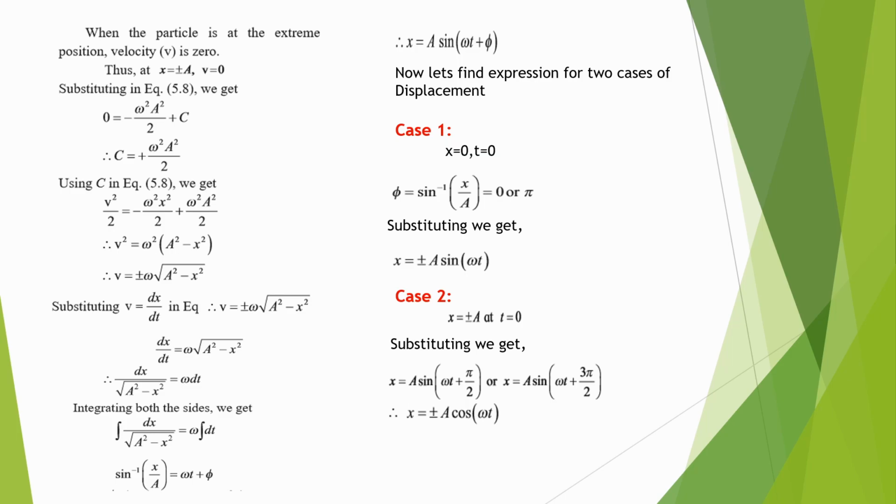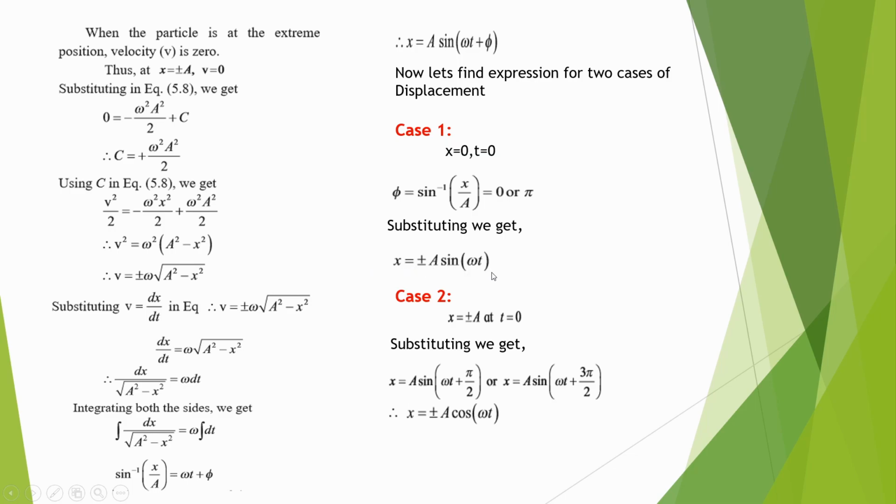So when the particle starts from mean position, what is the displacement? x equal to 0 and t is equal to 0. So after substituting, we get x equal to plus minus a sine omega t. That is the equation for displacement when the particle starts from mean position.